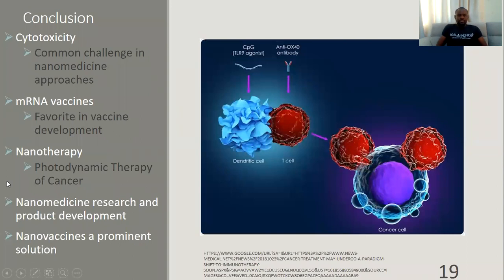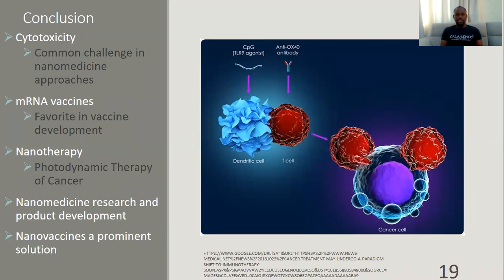So to conclude, the use of nanovaccines is a very good approach for immunotherapy, as it promises targeted drug delivery.